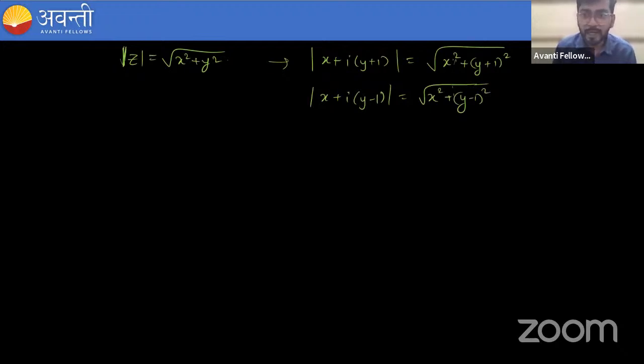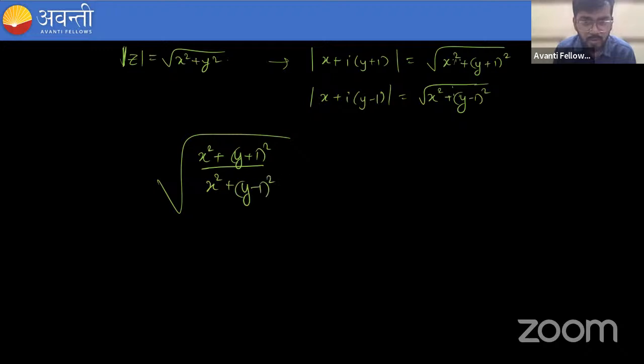So we have to divide these two things, and the division, the root of x square plus y plus 1 whole square upon x square plus y minus 1 whole square, is given to us as root 3. So therefore, squaring both sides, you get to know that x square plus y plus 1 whole square will be equal to 3 times x square plus y minus 1 whole square.